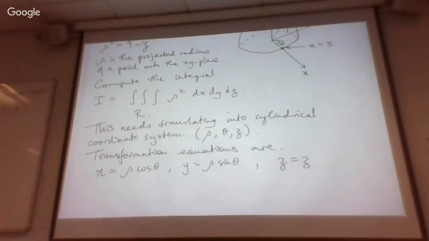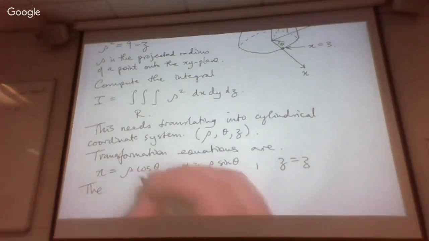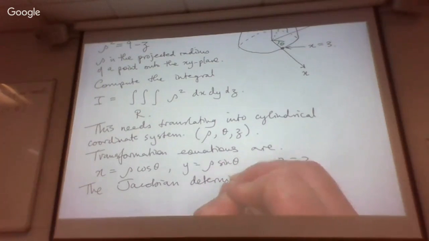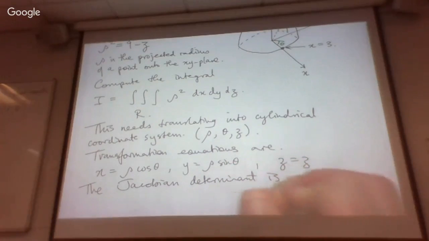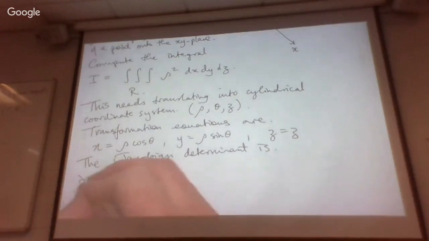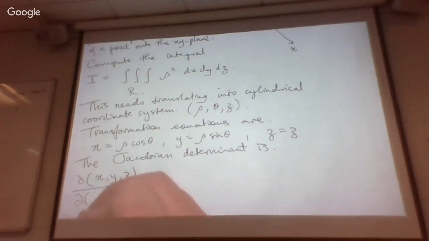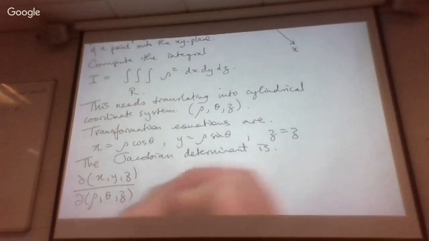So in order to do the translation of the integral, we require the Jacobian determinant, because that's the extra factor that we have to include in the new integral. The Jacobian determinant we need to work out is d(x,y,z) over d(rho,theta,z).